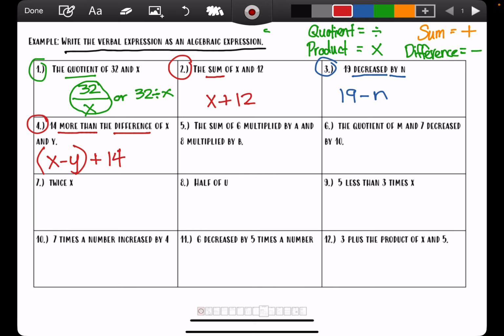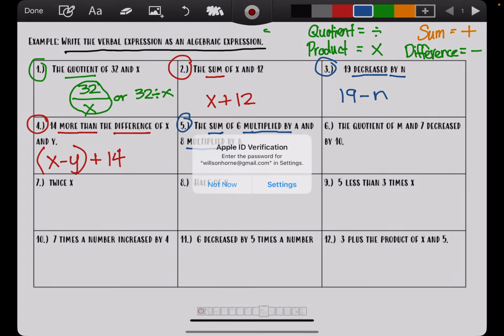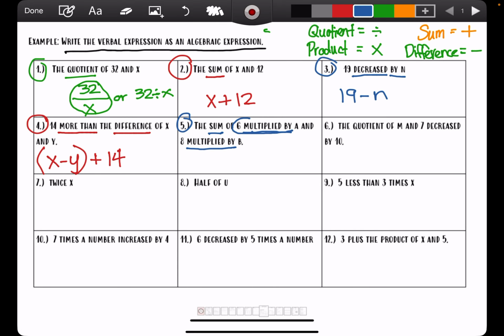Number five, let's use blue on this one: the sum of 6 multiplied by A and 8 multiplied by B. There's a lot going on here. The sum is a key word, and then multiplied by, and multiplied by again. We're going to add everything else that's going on. First, 6 multiplied by A looks like 6 times A, or 6A.